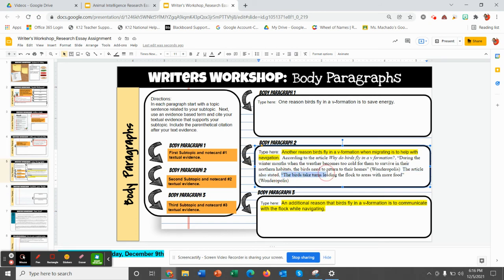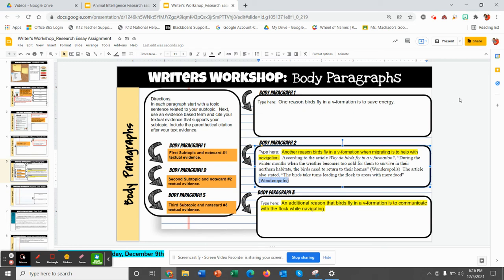The article also stated the birds take turns leading the flock to areas with more food. And this also was from the article that I read, Why Do Birds Fly in a V Formation? The publisher was Wonderopolis. So after that direct quote, I need to have an in-text parenthetical citation.